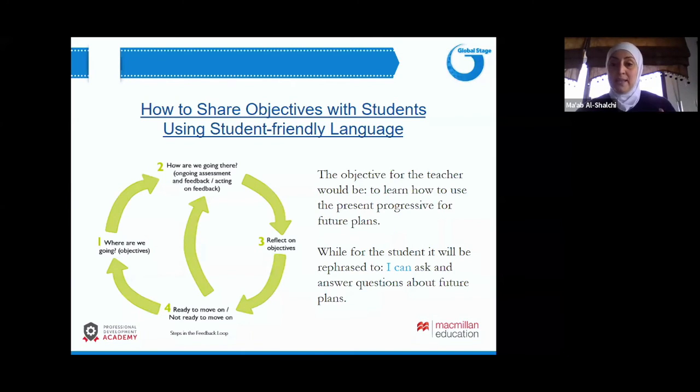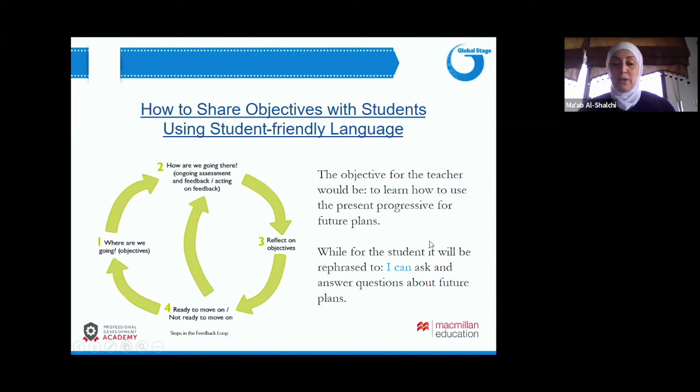So it says here, while for the student it will be rephrased to: I can ask and answer questions about future plans. For example, here, we've got a point that is covering grammar.